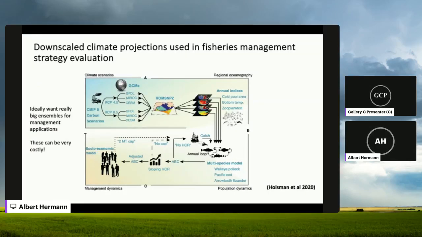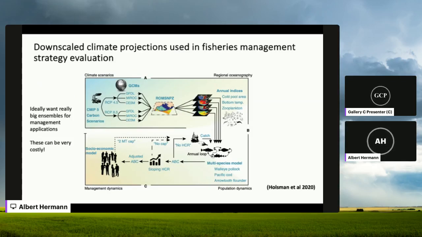So this is a nice figure by Kirsten Holzman. The idea here is to illustrate how we would like to be able to make a lot of projections of possible futures using different global models, downscale them to a region. For instance, here's the Bering Sea shown.